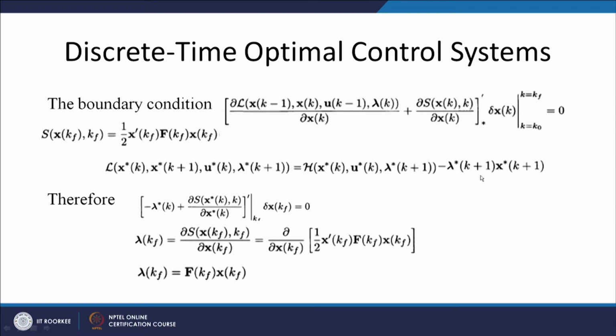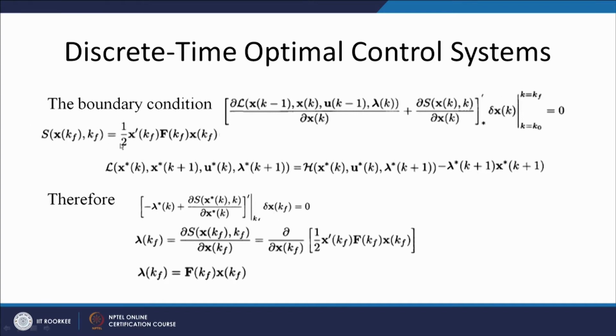So I am left with lambda star k delta x of k, and this term is similar, del S by del x of k, delta x of k equal to 0.